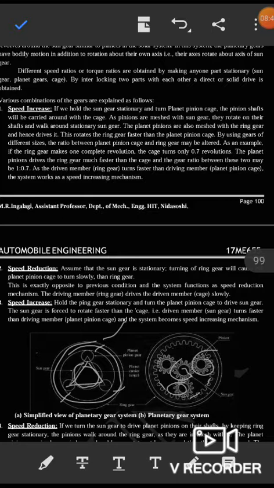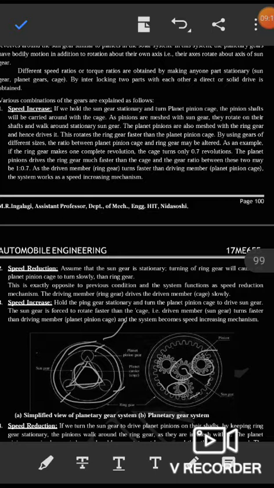The planet pinion drives the ring gear much faster than the cage, and the gear ratio between these two may be 1 to 0.7, as the driven member, the ring gear, turns faster than the driving member, the planet pinion cage. The system works as a speed increasing mechanism.